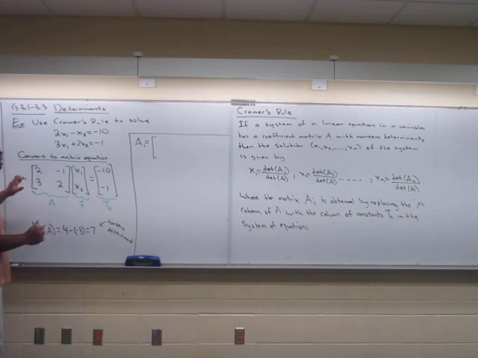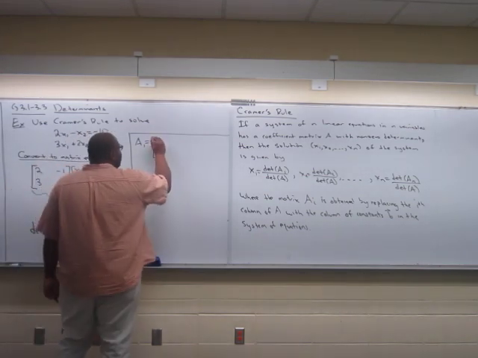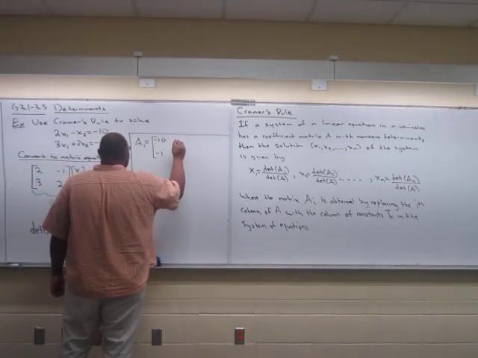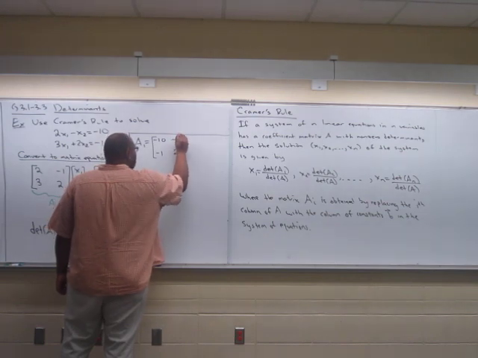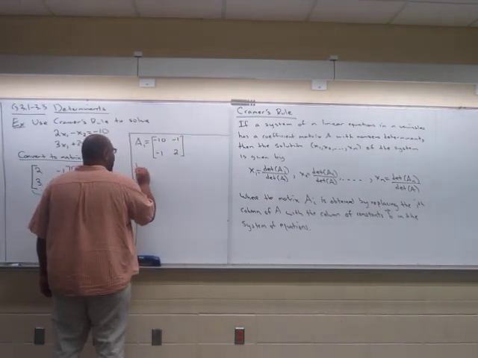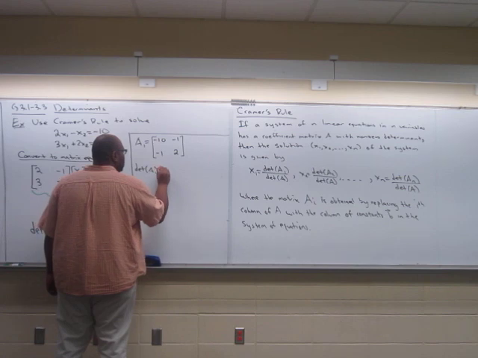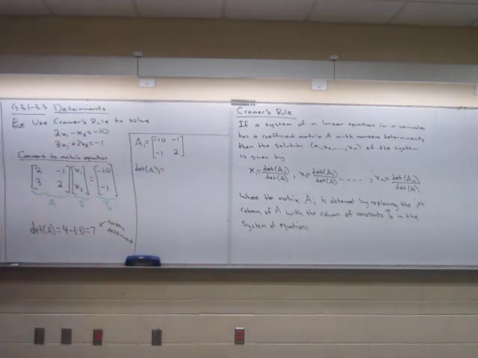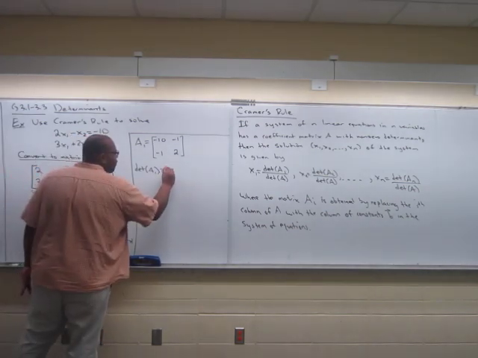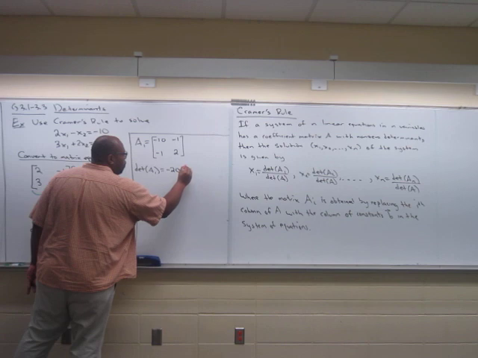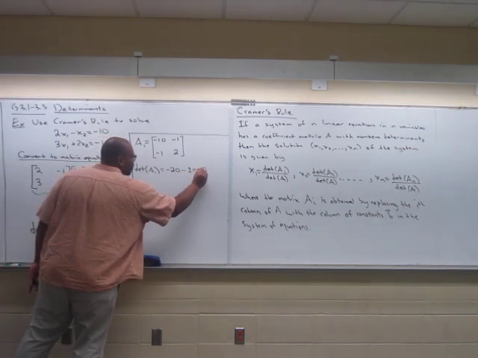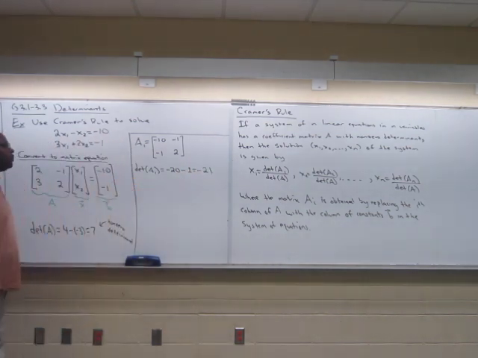So I'm going to replace 2, 3 with -10, -1. Let's find the determinant of that. The determinant of this, I think, is going to be -20 minus 1, which is -21. That's the determinant of A1.